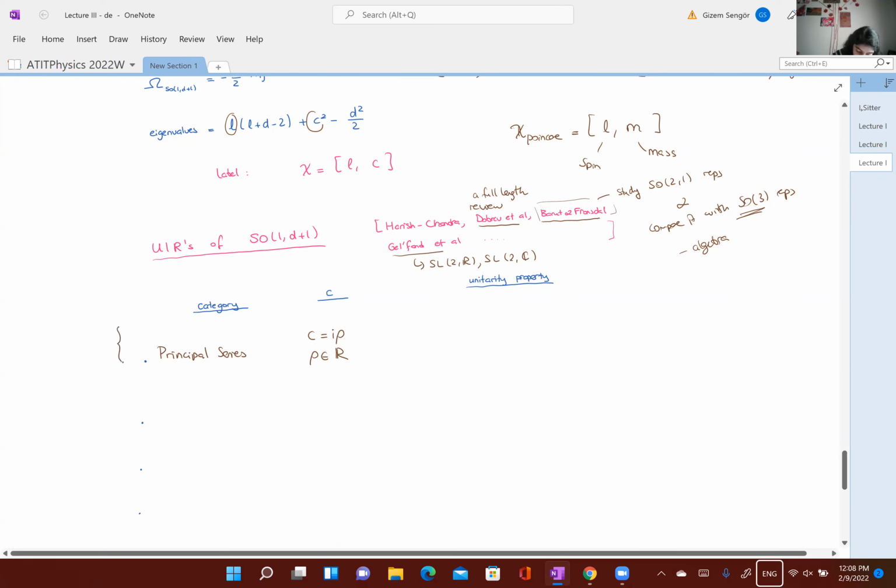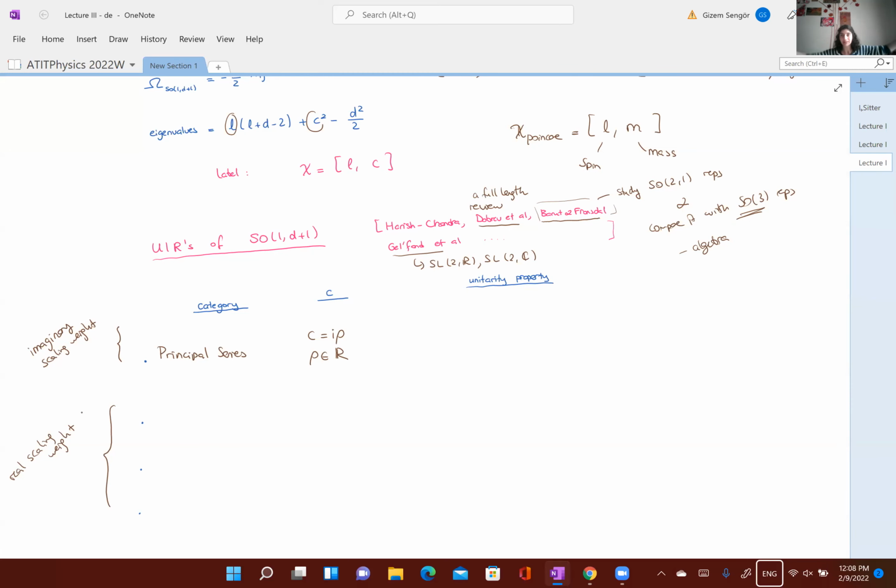Now here, this is an imaginary scaling weight. In all the other categories, you have real scaling weight. But it's not just anything real; they divide further into different categories depending on the range.